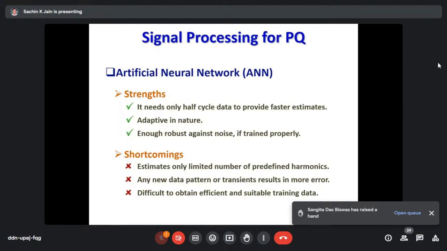They are adaptive in nature with your signal, but getting a sufficient number of training data is a problem, and if any new pattern is detected, then sometimes it's not possible to overcome it. If the training data is insufficient to model the complete uncertainties, then it might result in erroneous results.